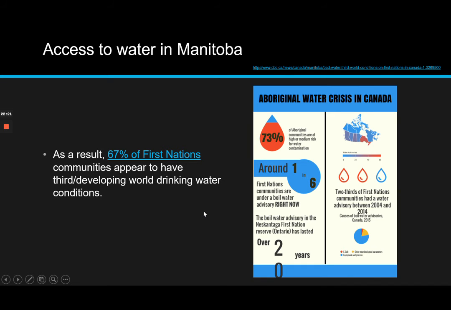So as a result of all those costs and the lack of infrastructure, 67% of First Nation communities appear to have basically third world or developing world type conditions for their drinking water. Okay.